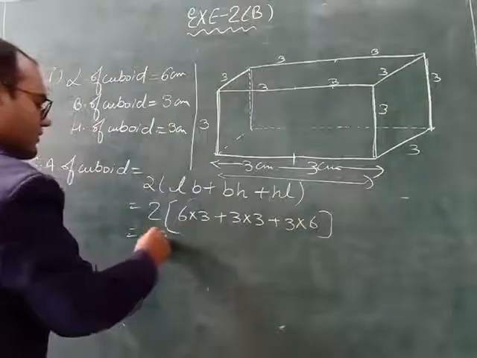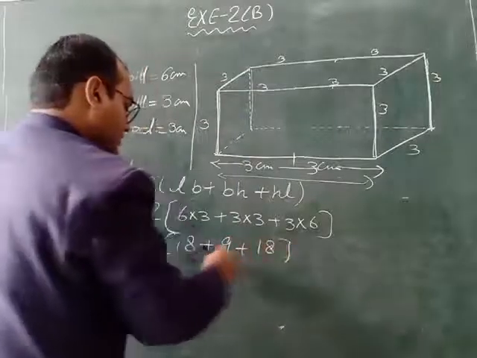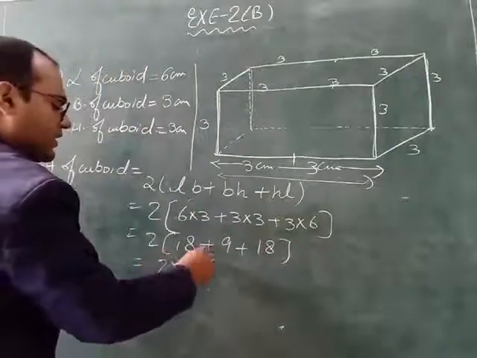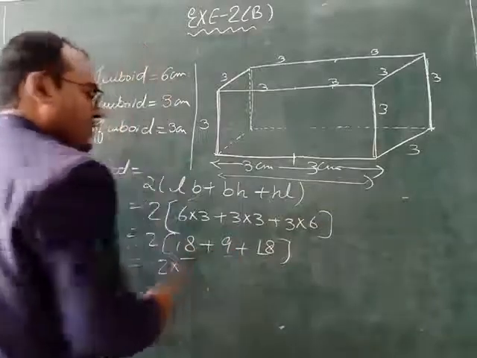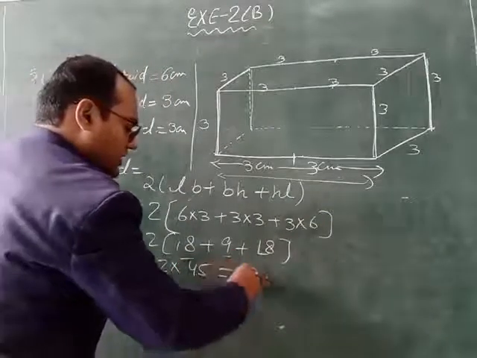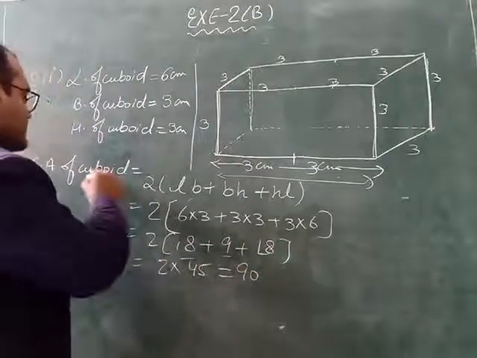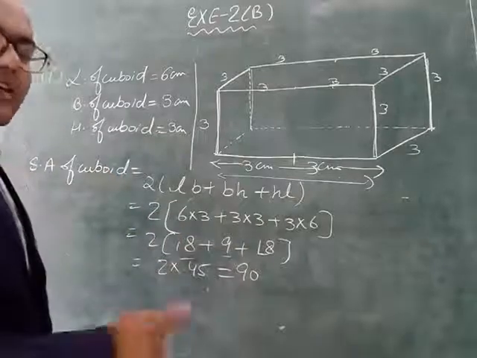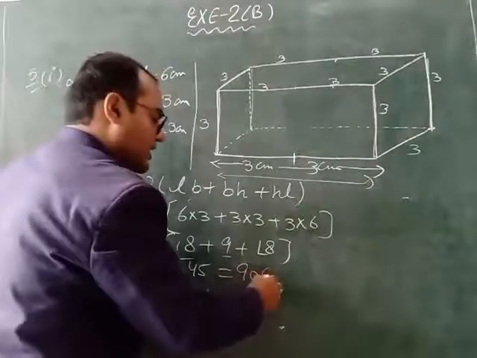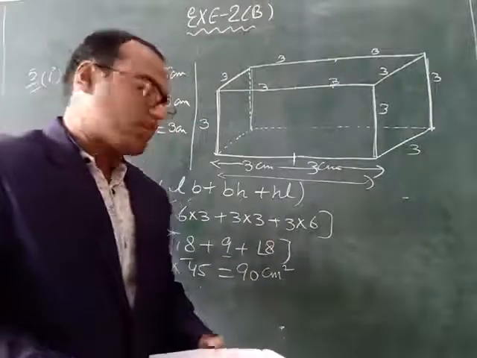On solving it, we will get 18 plus 9 plus 18. On adding them, 18 plus 18 is 36, 36 plus 9 is 45. 45 multiplied by 2, we get 90. So this is the surface area of the cuboid. For surface area we have to put the unit centimeter square. So this is your answer of question number 5, first part.